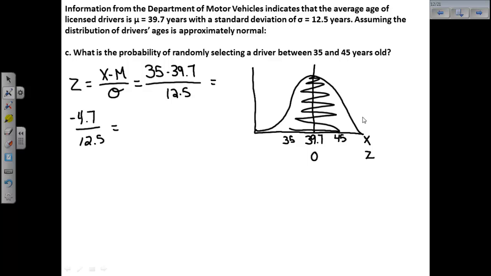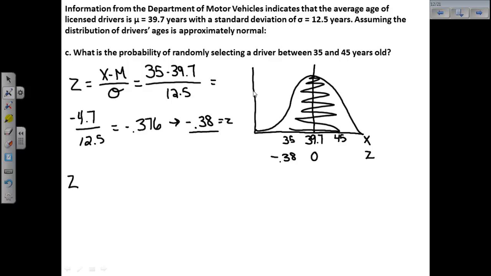And when you do that math, you end up with negative 0.376. Round that to negative 0.38 for the unit normal table. So that's the first z-score that we care about. And again, it's a negative z-score because the x value that it corresponds to is less than the mean.